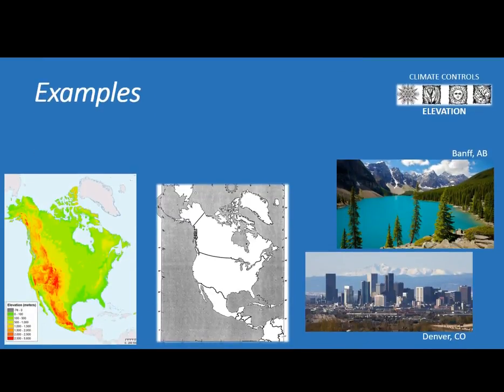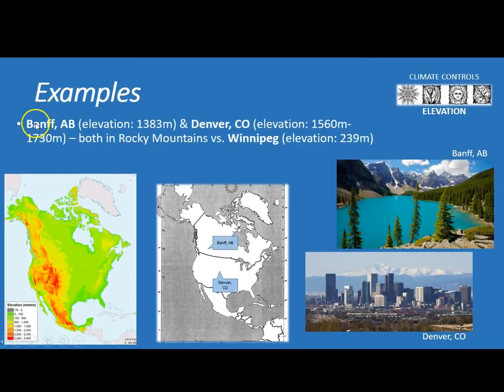So the examples that we've given you here are places that are high in elevation, like Banff or Denver, are both going to be cooler places because of the elevation that they are at. Winnipeg doesn't have a particularly high elevation, and elevation is not something that really affects Winnipeg for that reason. Okay, elevation works best as a relative measure.